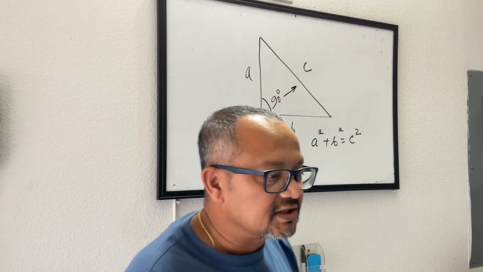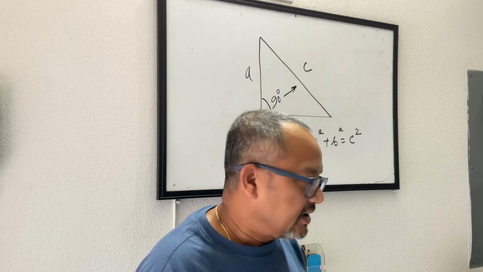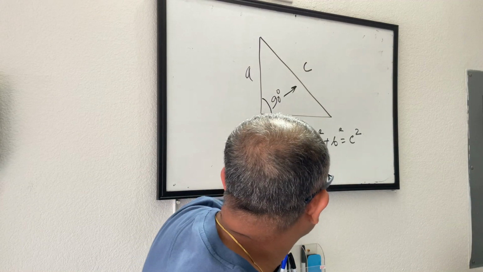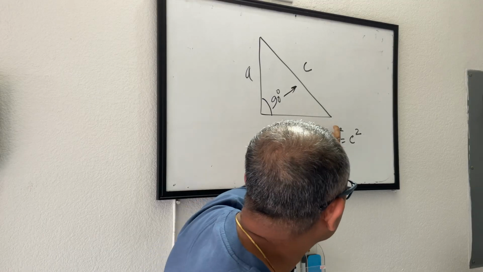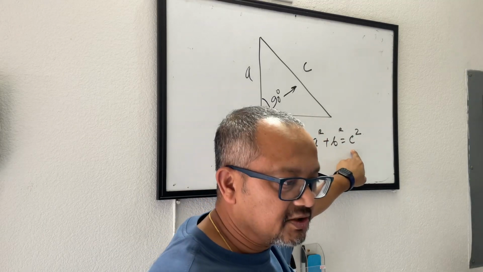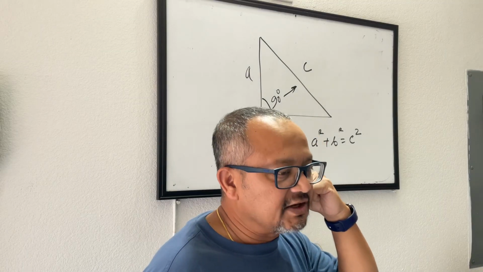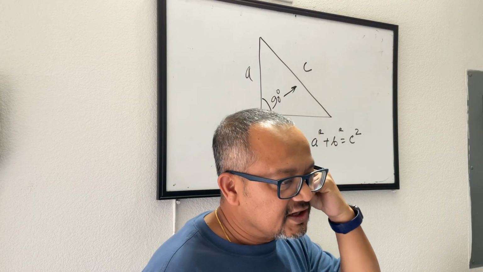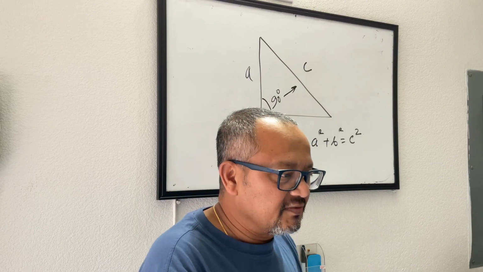Here a and b are the two sides making the 90 degrees, and the sum of the squares of the sides is equal to the square of the hypotenuse. Everybody is already very clear about it. I'm just trying to be redundant and waste a couple of minutes of your life. Is everybody okay with that?